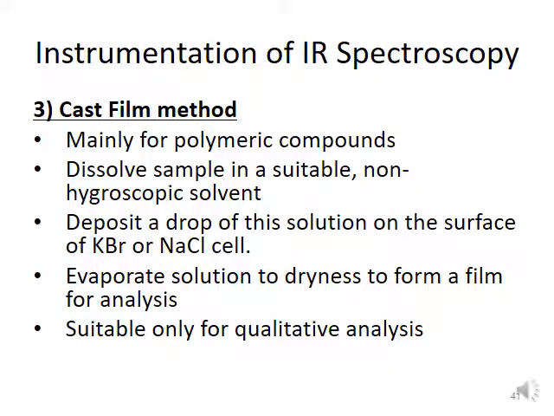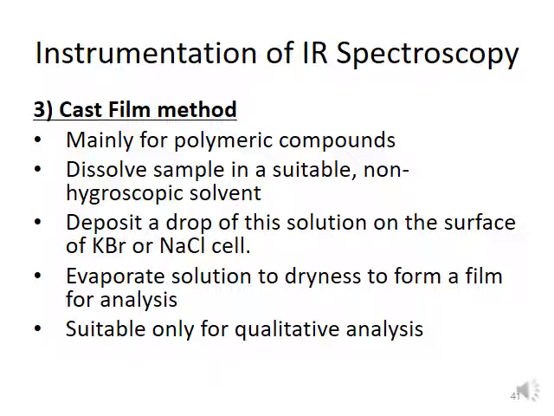The third method is the cast film method. Basically, when you have polymer compounds, you need to dissolve the sample, especially in a non-hygroscopic solvent. If you have a hygroscopic solvent, it will easily absorb water molecules from the air.